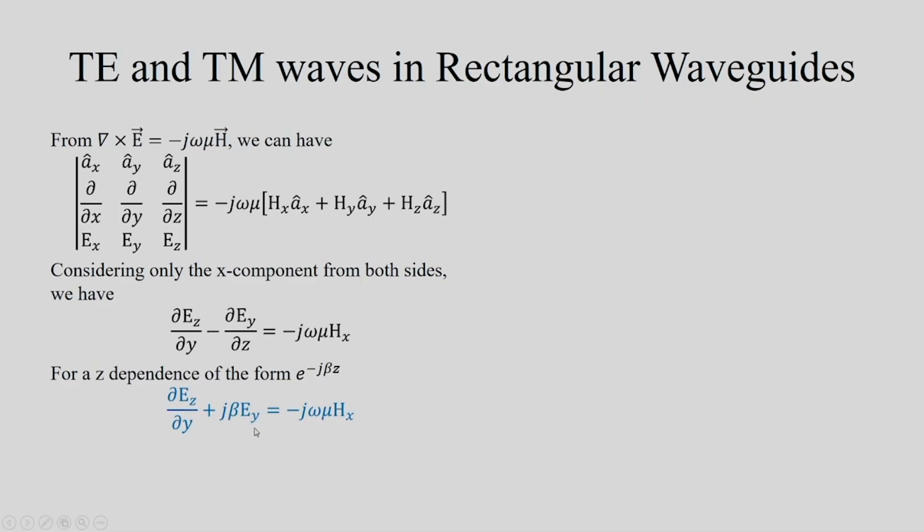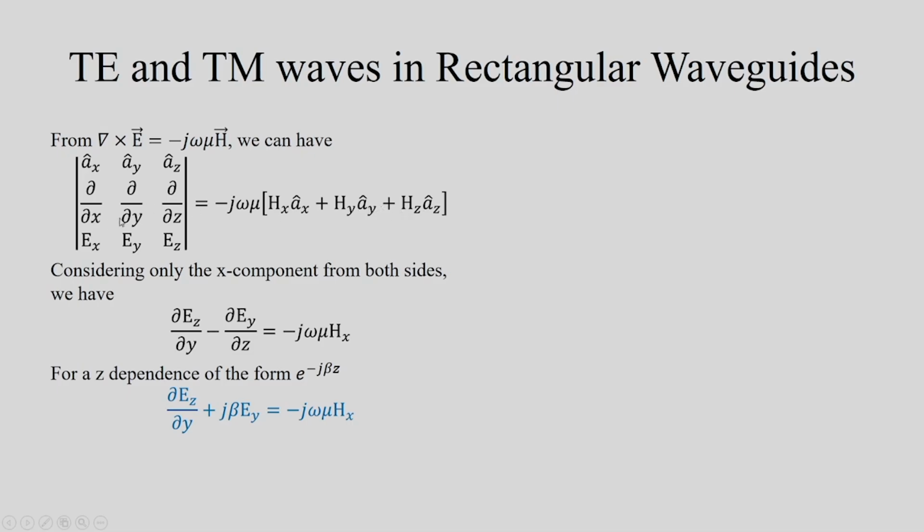Therefore, when the z dependence is of the form e to the power minus j beta z, we can rewrite this equation in this form: del Ez del y plus j beta Ey equals minus j omega mu Hx.